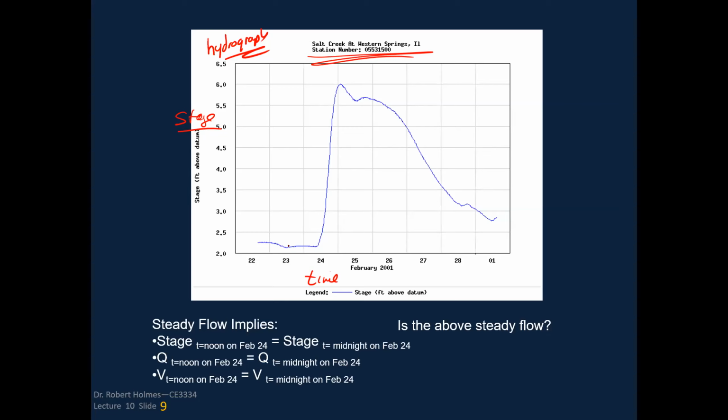And so you can look at this point in time here, the stage is relatively constant. And so we would call this a steady flow period. Whereas when you have some rainfall, in this particular case, and then the hydrograph stage changes, this would be an unsteady period for the flow.